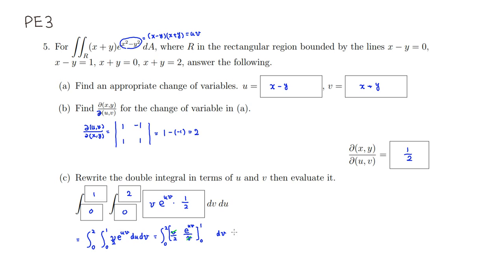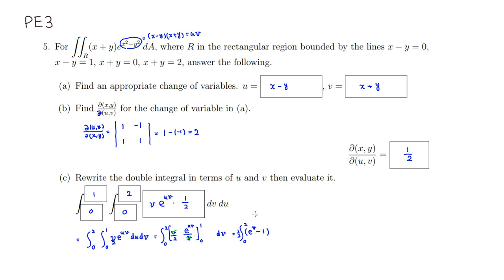So this is going to be equal to the integral from 0 to 2. For the u value, we're going to plug in 1 here. The 1/2 is just going to be a constant, so I'll put the 1/2 outside. It's going to be e to the v minus, plugging in 0, e to the 0 is 1.